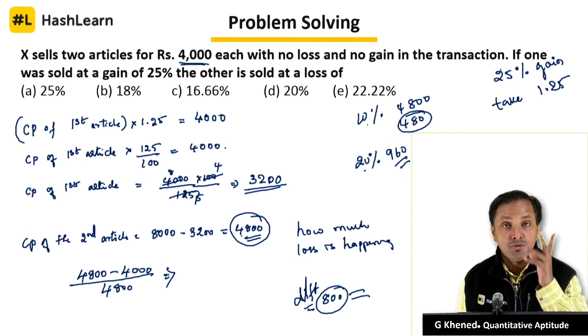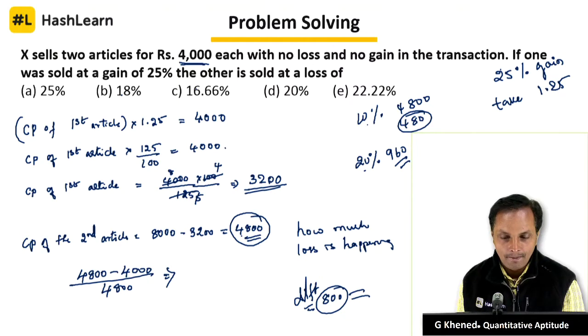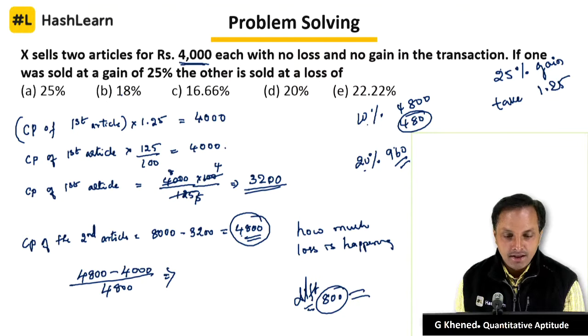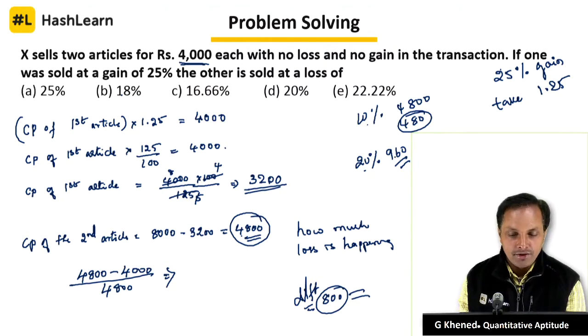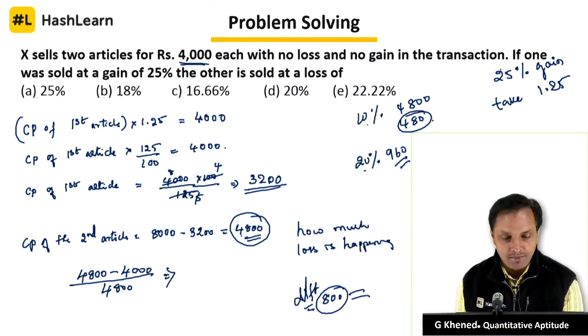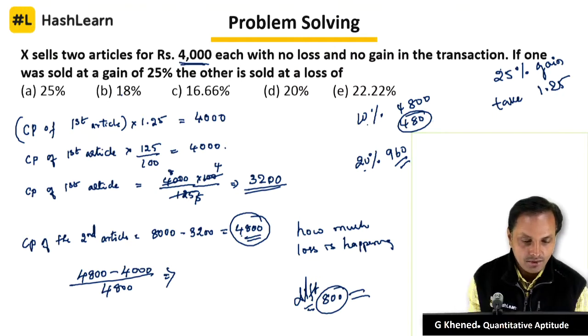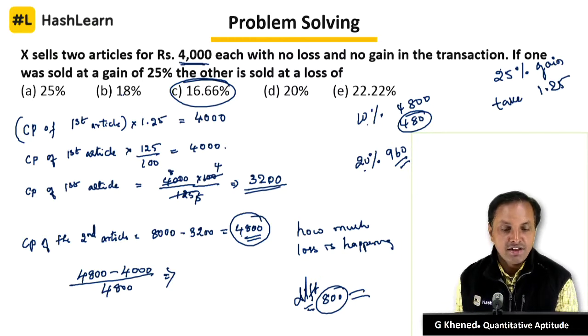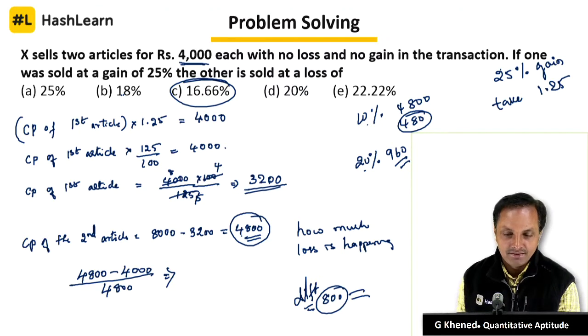Behind 20 there are two options. If it is 18%, you will reduce by 9.6 rupees, right? So option C will be your answer, 16.66%.